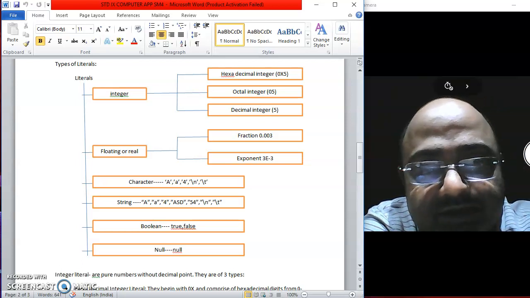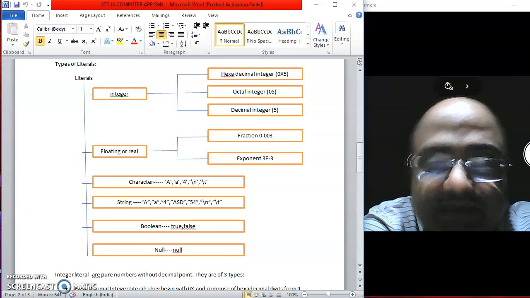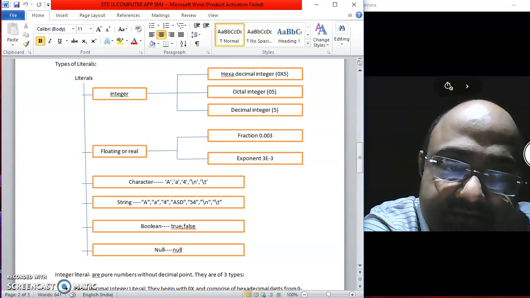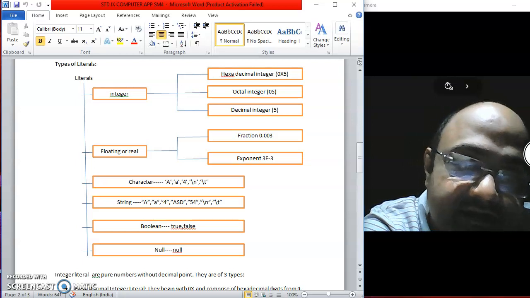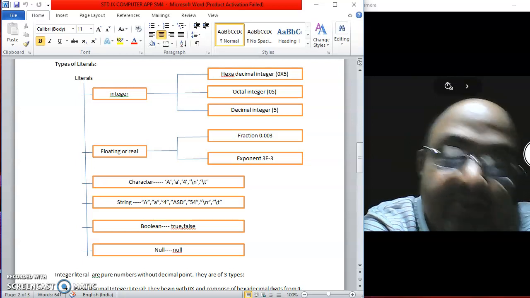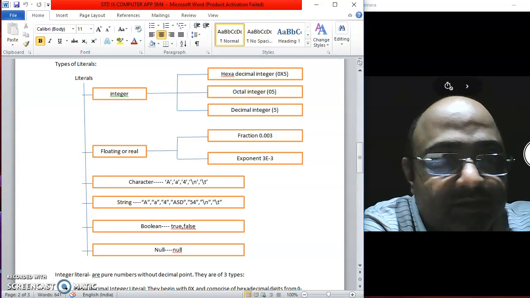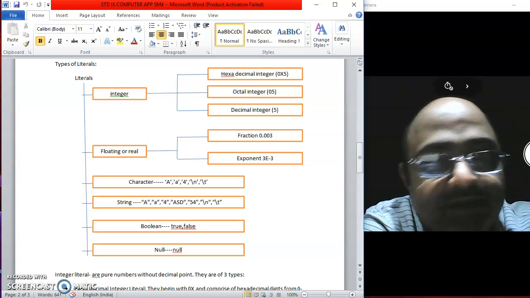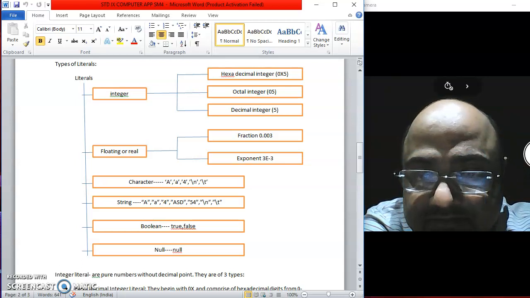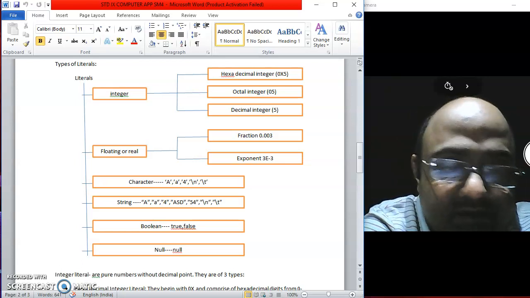So whenever the computer sees 0x in front of any number, it understands it is hexadecimal. When it sees 0 in front of any number, then it understands it as an octal number. And when it sees that 0x or 0 is not prefixed with the number, that means it is a pure decimal number. So that is integer literals.